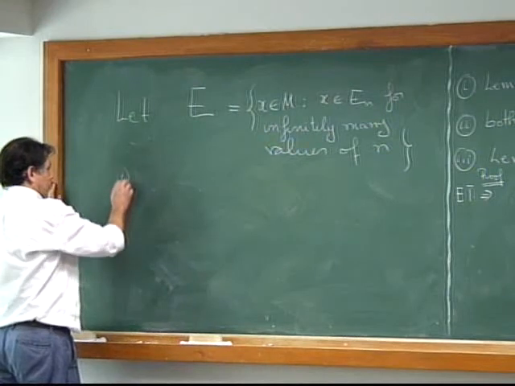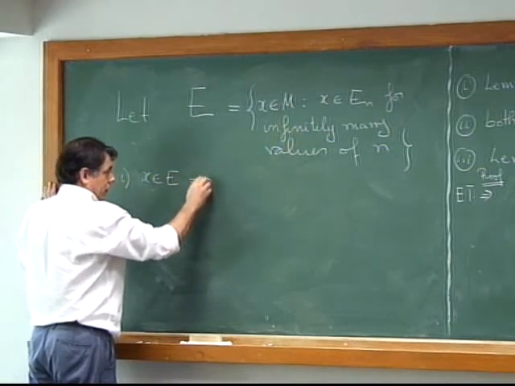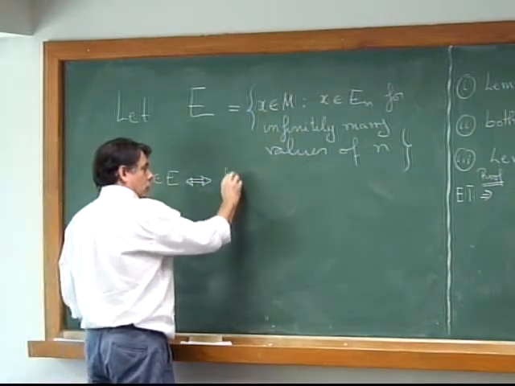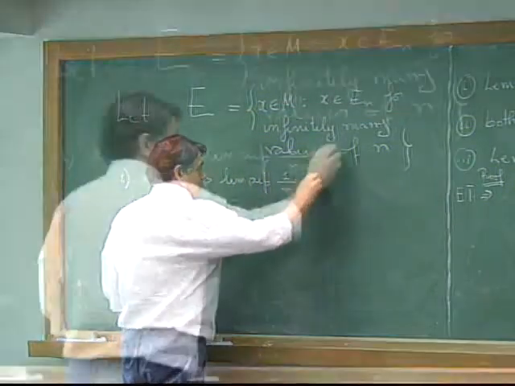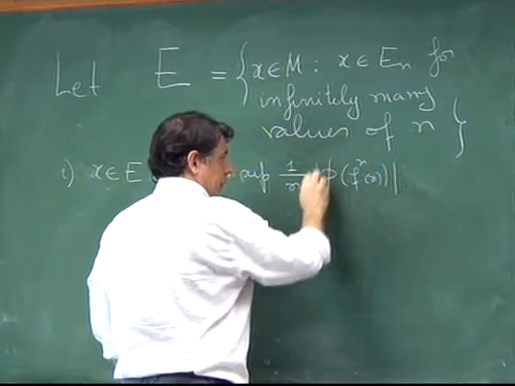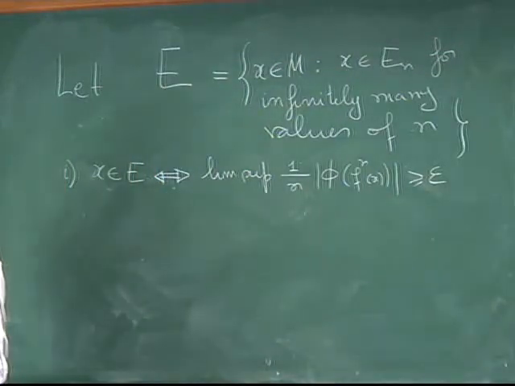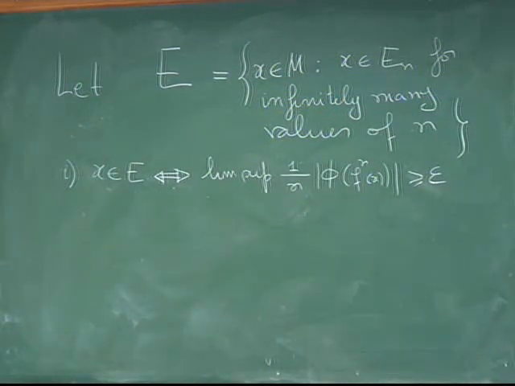First one, x is in E if and only if the lim sup of 1 over n phi of f^n of x is bigger or equal than epsilon.